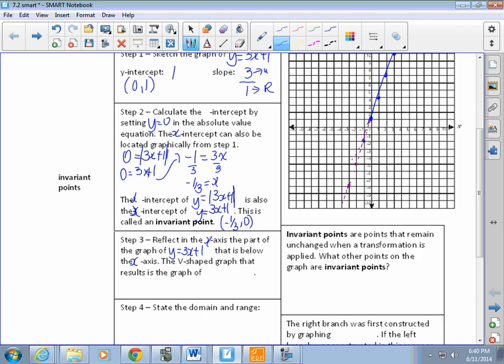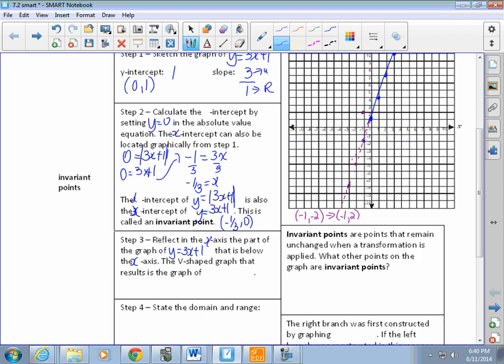To reflect that, because I'm reflecting in the x-axis, my y would be the one to change. So (-1, -2) reflected will become (-1, 2). This point here is now going to be up here at (-1, 2).